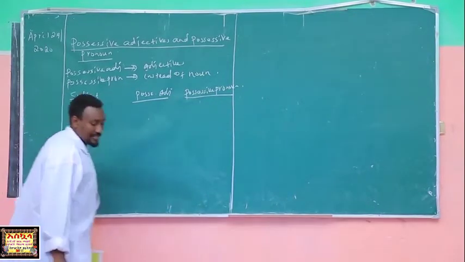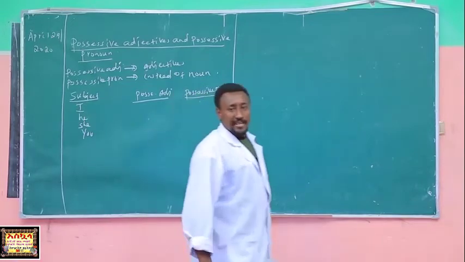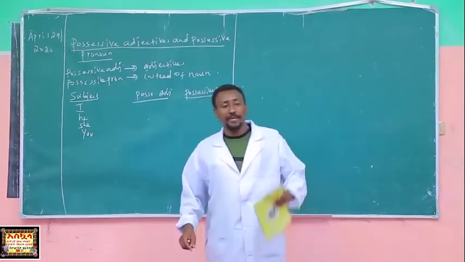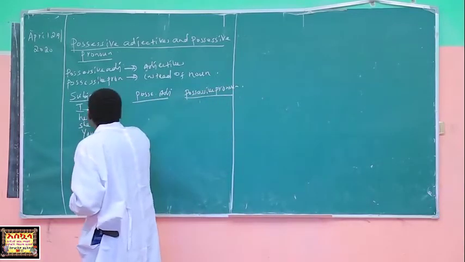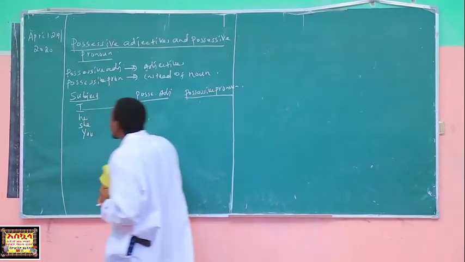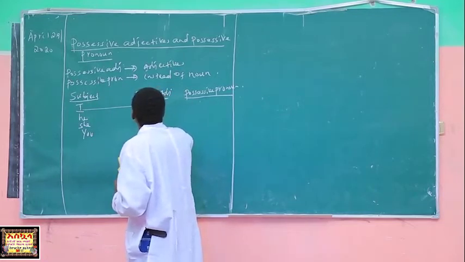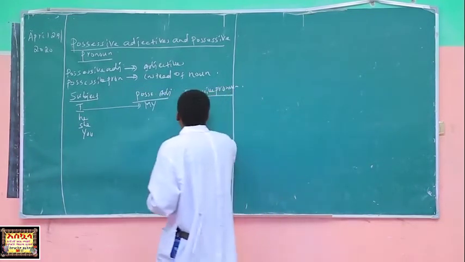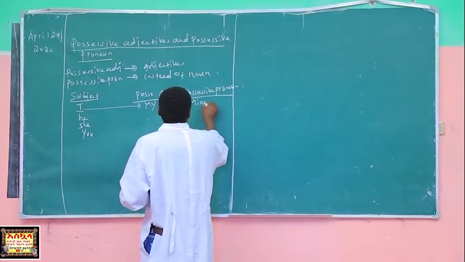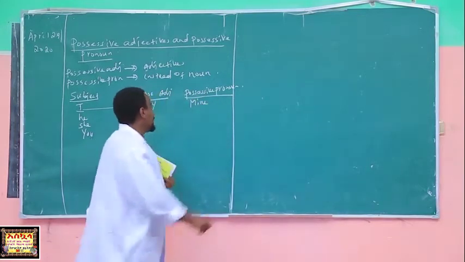We can add more, but it is already written in your student textbook. So for I, its possessive adjective is my. And its possessive pronoun is what? Mine.